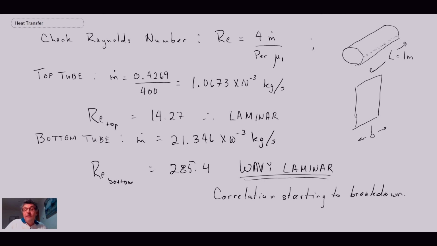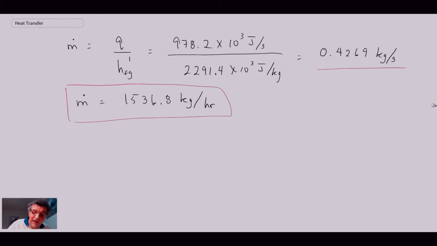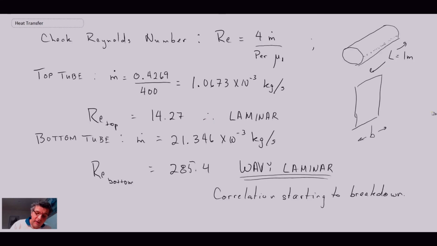I did not give you a correlation for wavy laminar on a horizontal tube, and consequently we have to take it as it is and assume that this is the correct answer. But realize that we are pushing things a little bit, because even by the second tube, when we multiply by 2, we're pretty close to 30.